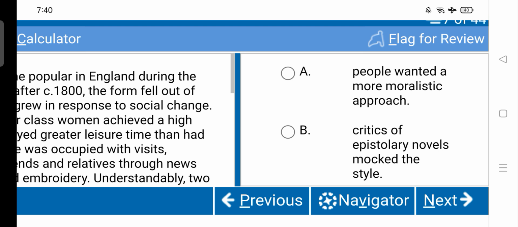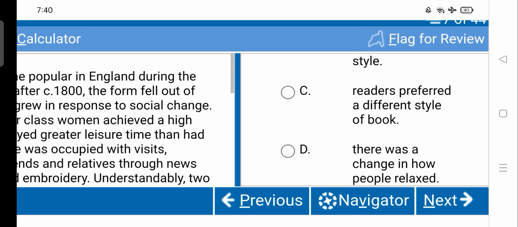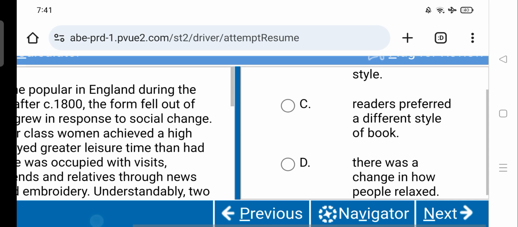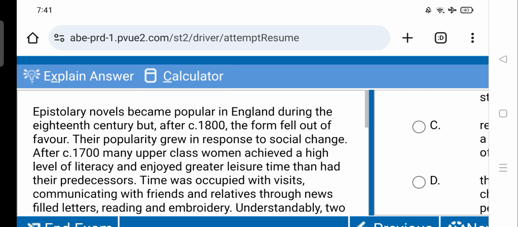Option B, critics of epistolary novels mocked the style. Option C, readers preferred a different style of book. Option D, there was a change in how people relaxed. Here we have the same passage given to find out your answers.